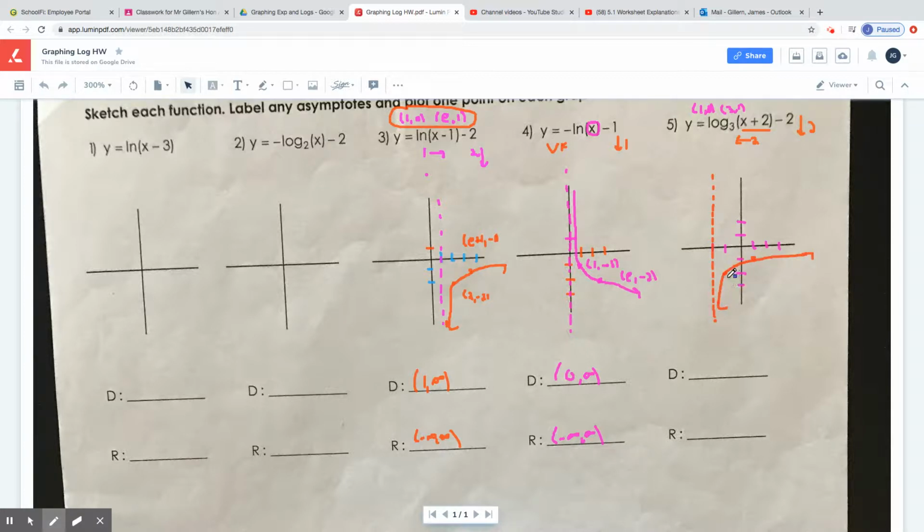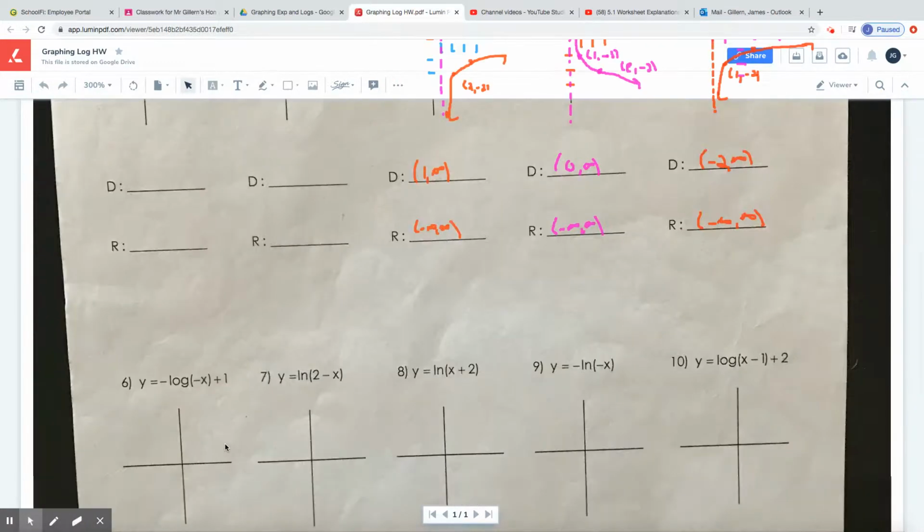So this was at -1, -2, and this point is at 1, -1. The domain of this one is going to be -2 to infinity, and the range is always -infinity to infinity. All right, scroll down for the other ones.